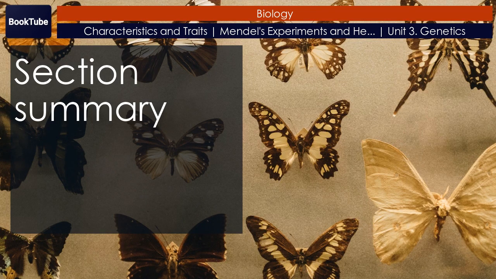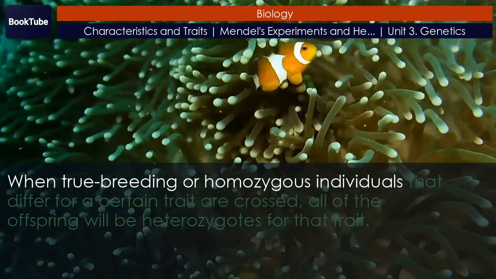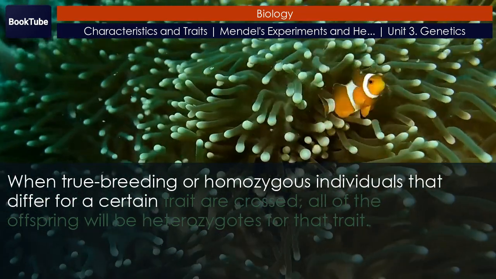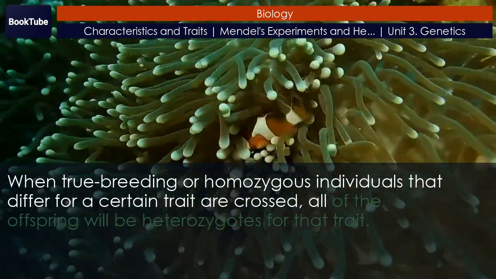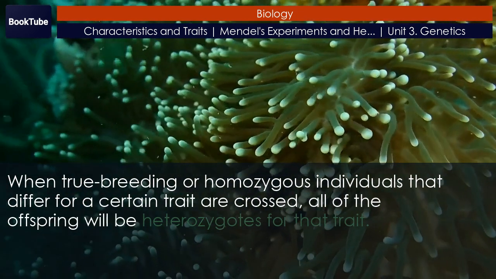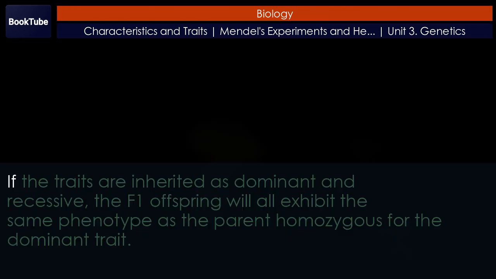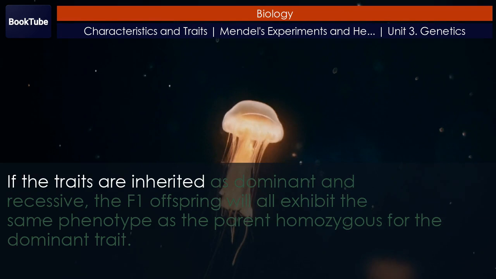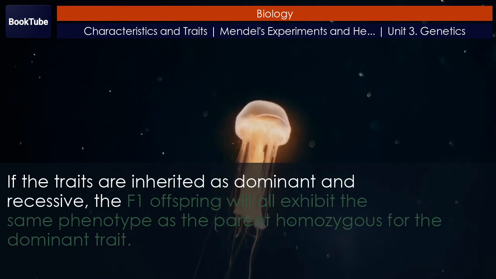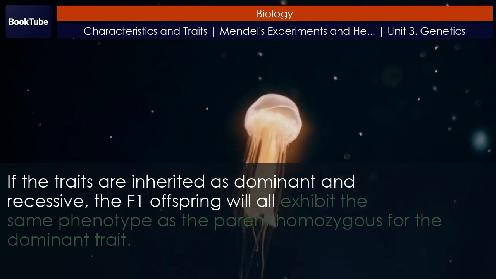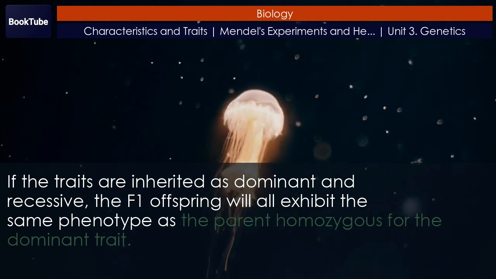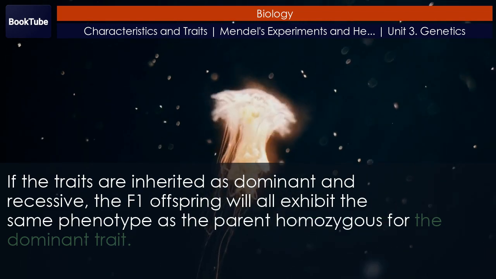Section summary. When true breeding or homozygous individuals that differ for a certain trait are crossed, all of the offspring will be heterozygotes for that trait. If the traits are inherited as dominant and recessive, the F1 offspring will all exhibit the same phenotype as the parent homozygous for the dominant trait.